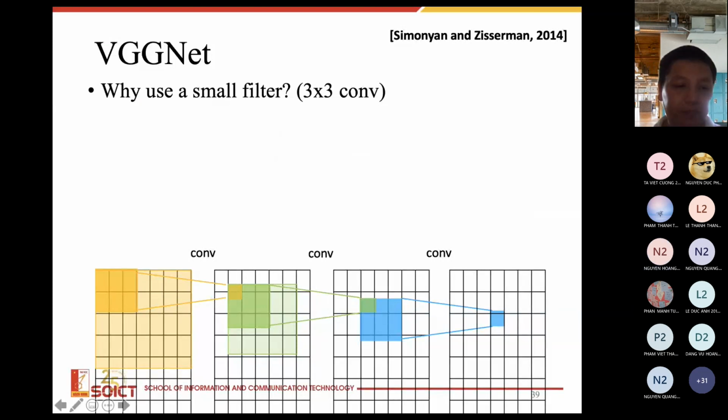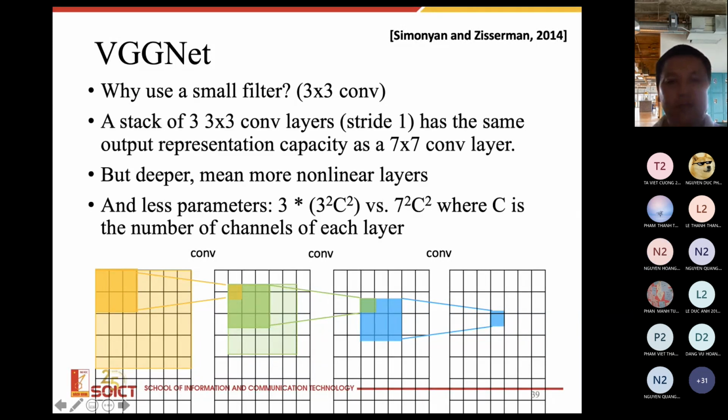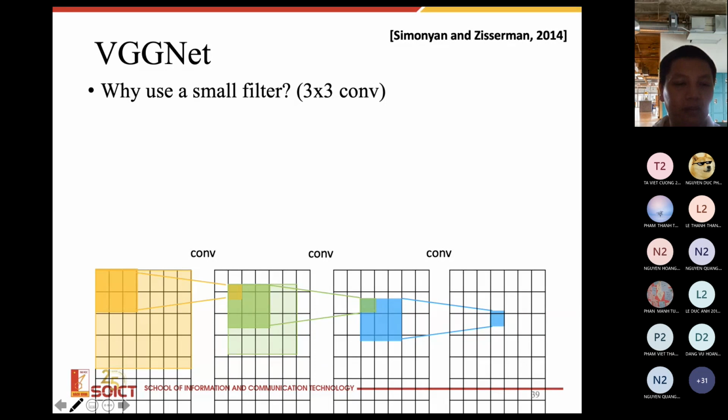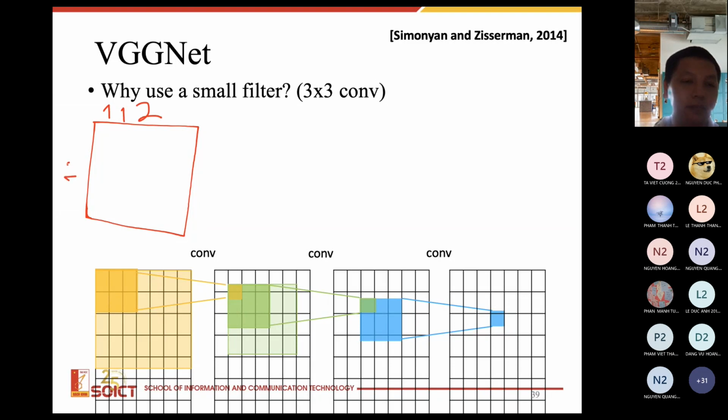Okay, so assume that you have the input, let's say the size 112 by 112. Now you apply the 7x7 filter.